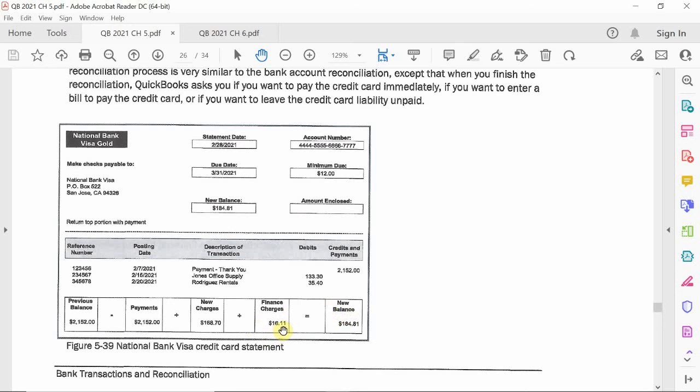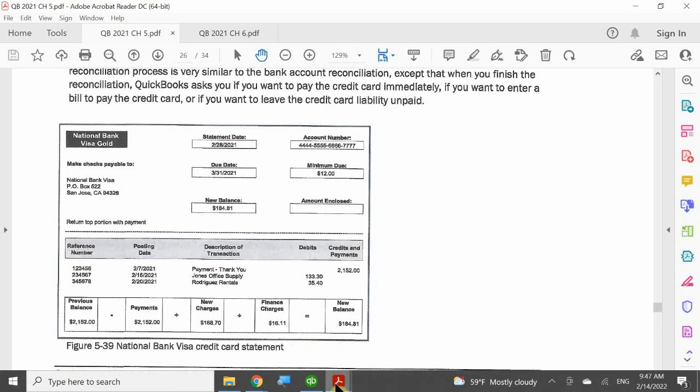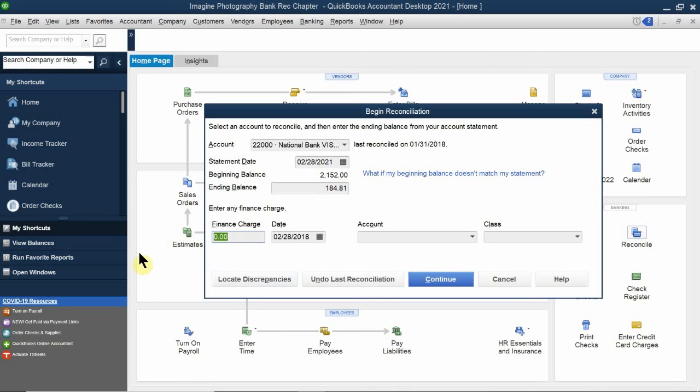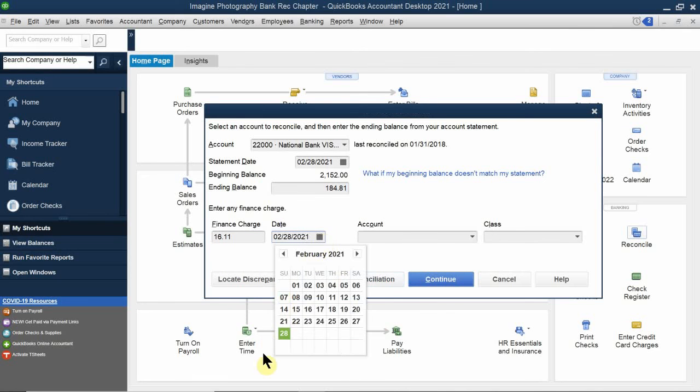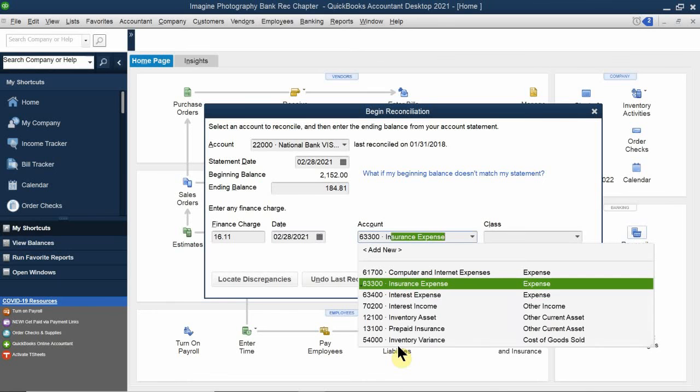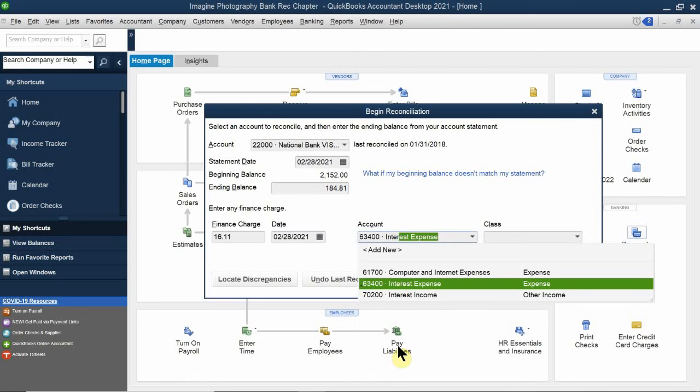So in this case, $16.11 is what I was charged for interest, and of course, that was charged at the end of the month. So what account is it going to be? This is going to be interest expense, because you had to pay your responsibility for borrowing money from a credit card lender.